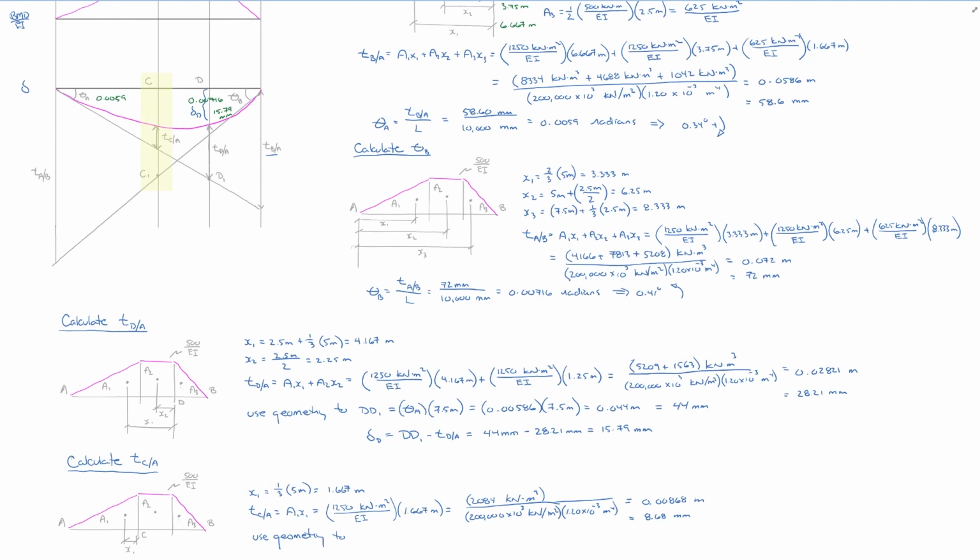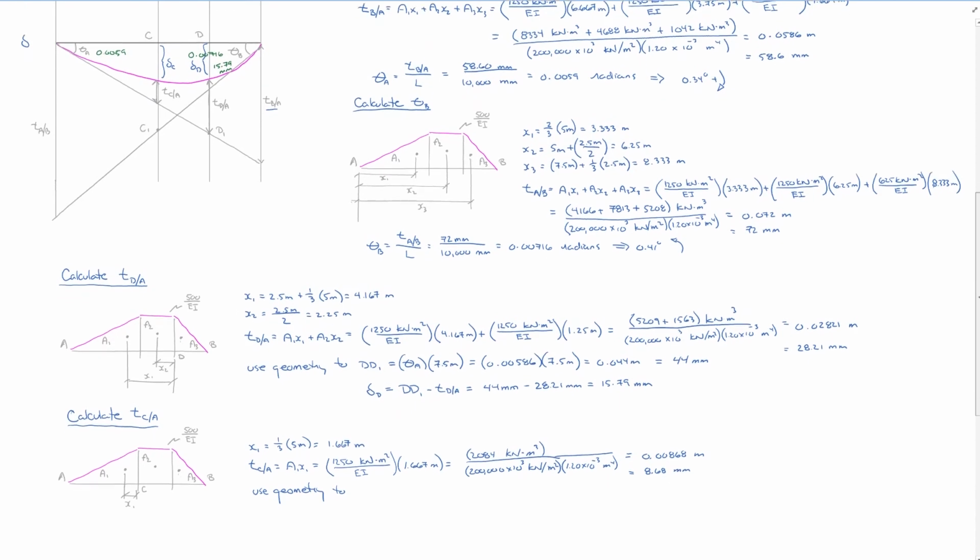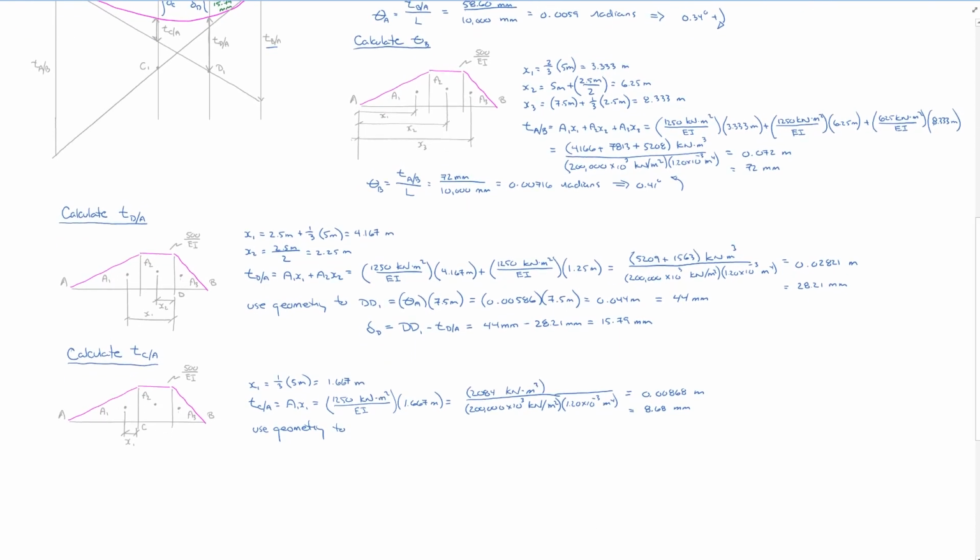Ultimately, we're interested in this distance in here. We'll call that delta at C. So we're going to go CC1, and that's equal to theta at A multiplied by its distance between A and C, which is 5 meters.